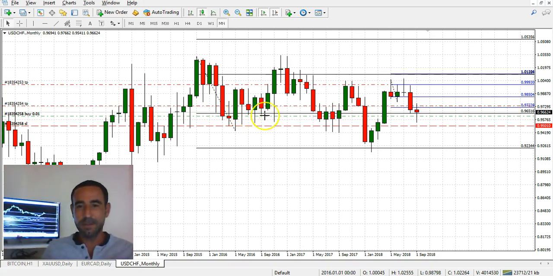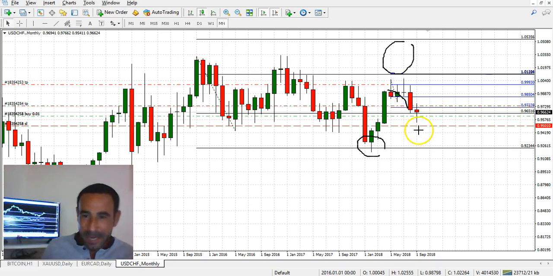But what's interesting to me is the fact that price came from below after touching base with the very bottom key level, started to make its way towards the higher section, but in the middle of the way it went for a downside correction. But this downside correction, amazingly enough, was unable to break below the 96.51 here.